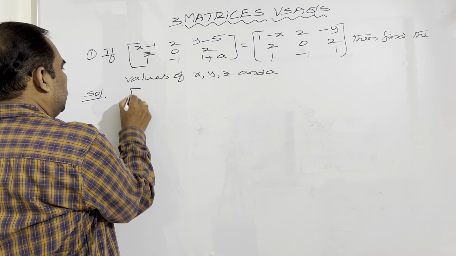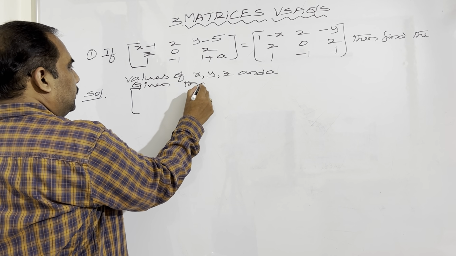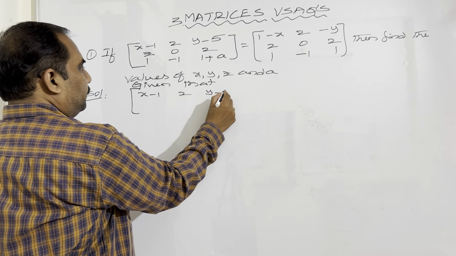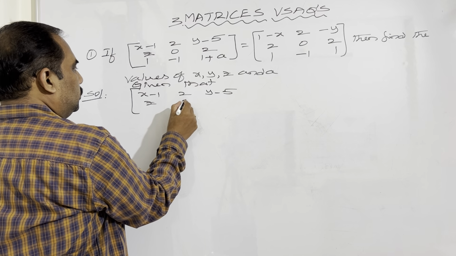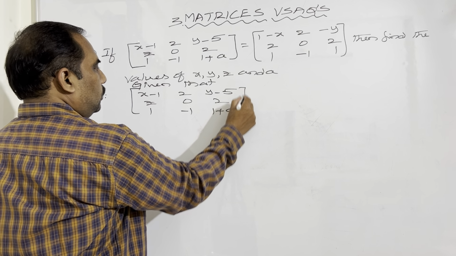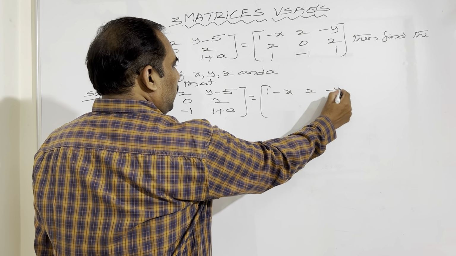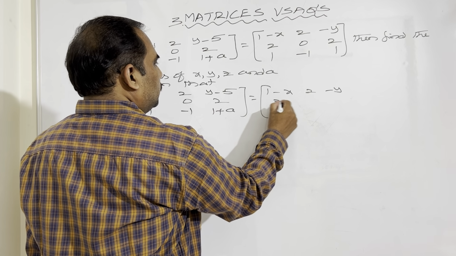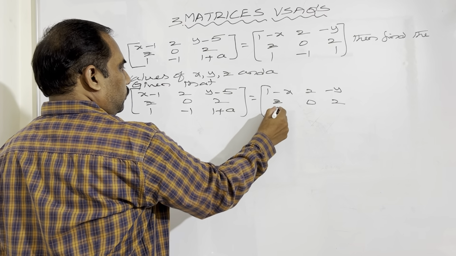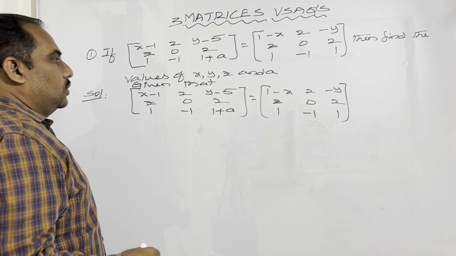Here two matrices are given: [x-1, 2, y-5; z, 0, 2; 1, -1, 1+a] is equal to [1-x, 2-y, 2; z, 0, 2; 1, -1, 1].